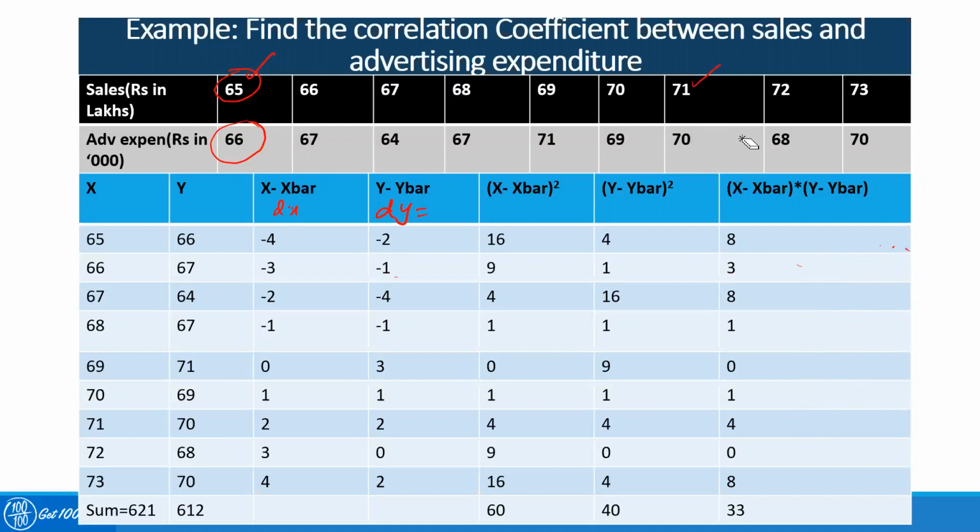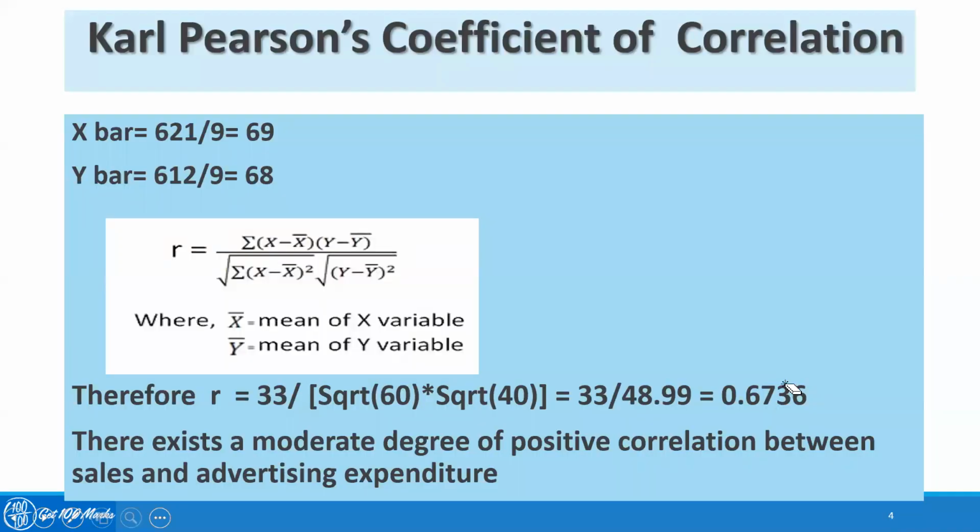Now we apply the formula, r equals, as I already told you, summation of dx dy divided by square root of summation dx square into summation dy square. Our summation dx dy value is 33, which is here also.